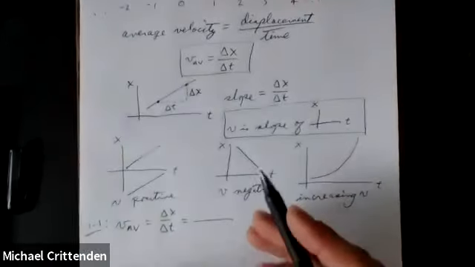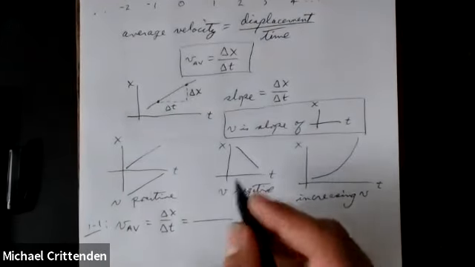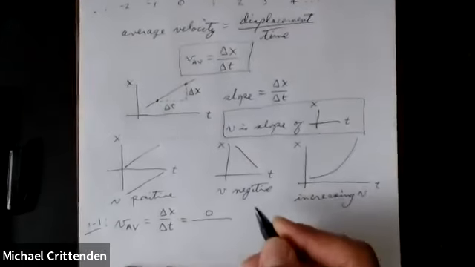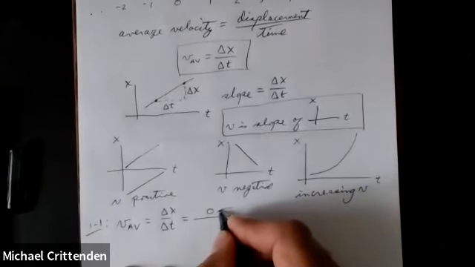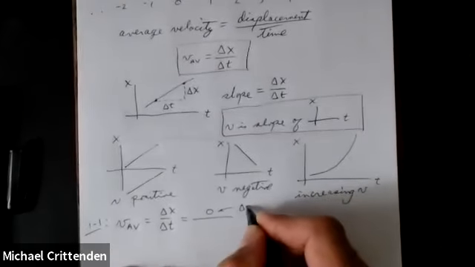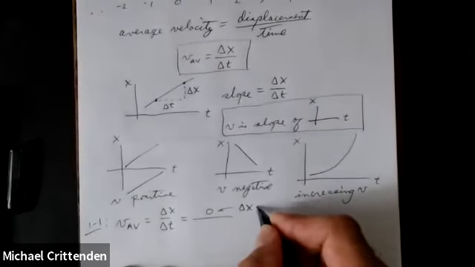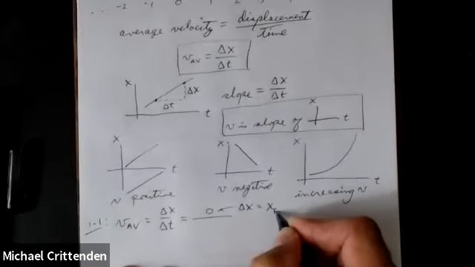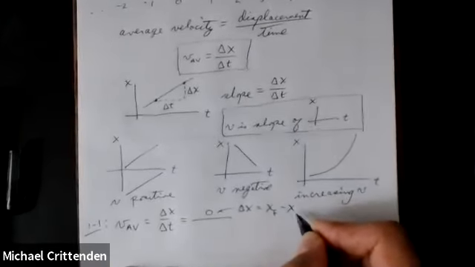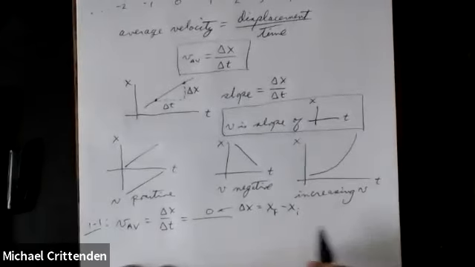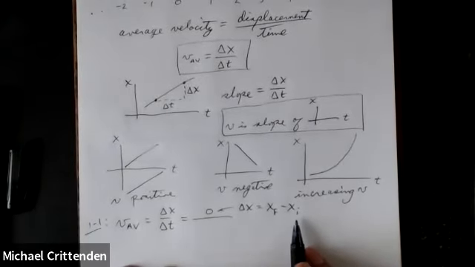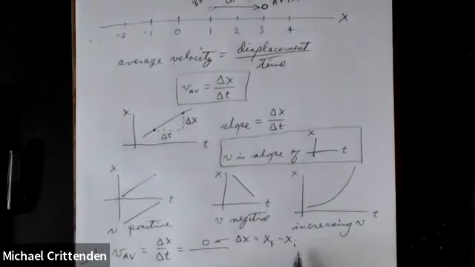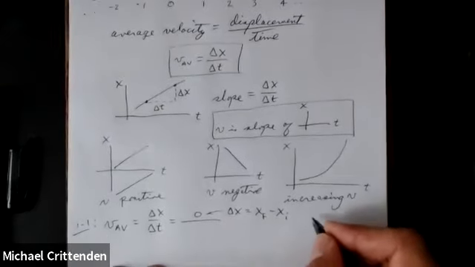So delta x is 0 because delta x means x final minus x initial, and both x final and x initial are the same place on the x-axis. Both of them are the location of the school.